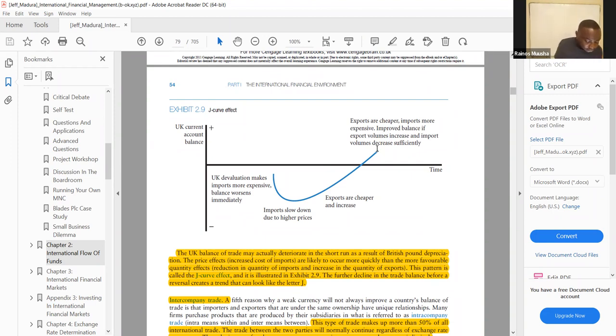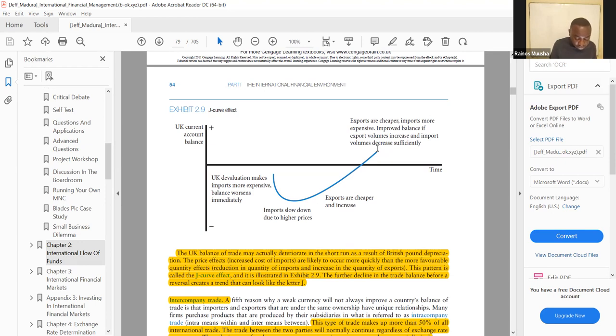Here they say the UK balance of trade may actually deteriorate in the short run as a result of British pound depreciation. The price effects are likely to occur more quickly than the more favorable quantity effects. Quantity effects, in this case, mean a reduction in the quantity of imports and an increase in the quantity of exports. This pattern is called the J-curve effect, and it is illustrated in exhibit 2.9.